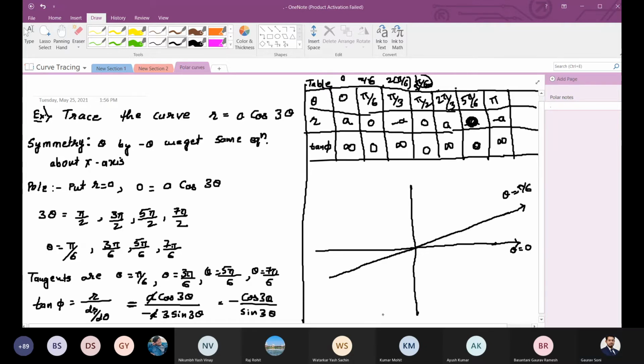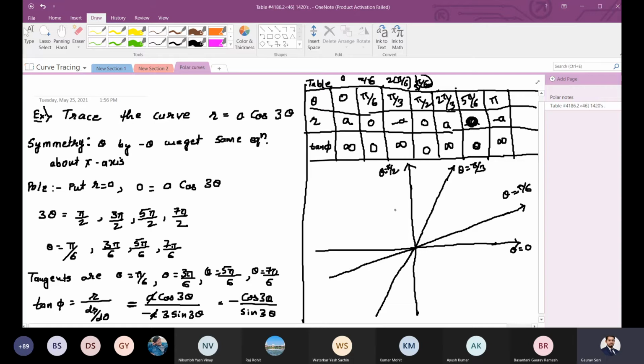Next is theta equal to pi by 3. This line is theta equal to pi by 2.